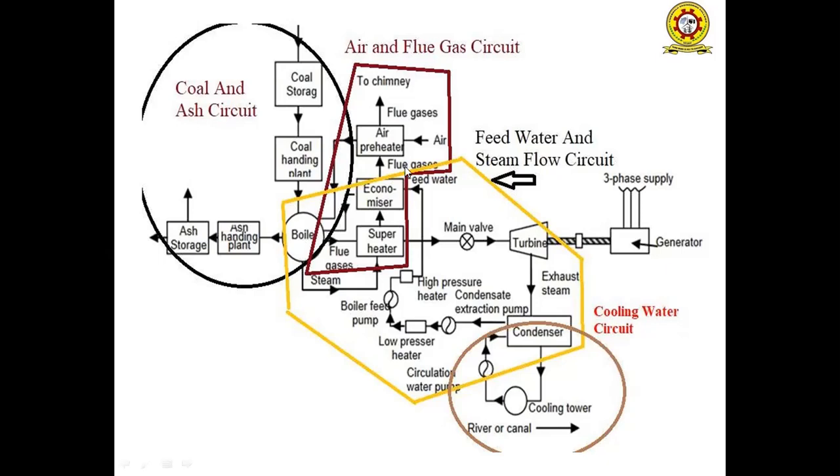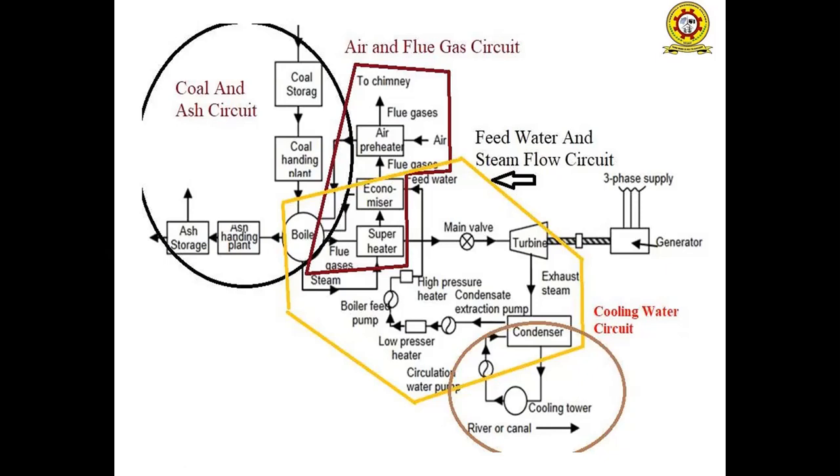And next circuit is the cooling water circuit. The exhaust steam entering the condenser is cooled by circulating cooling water. This cooling water supplied to the condenser helps in maintaining low pressure. The cooling water circuit is of two types, open system and closed system.